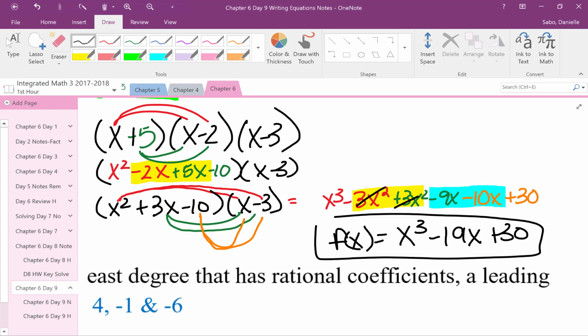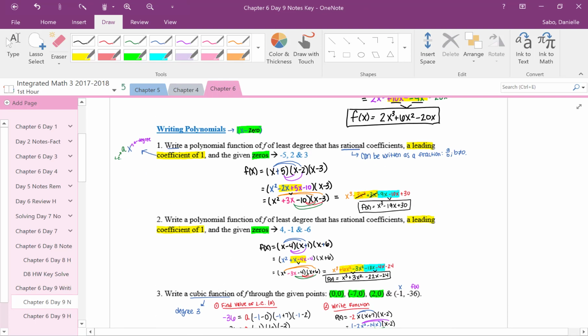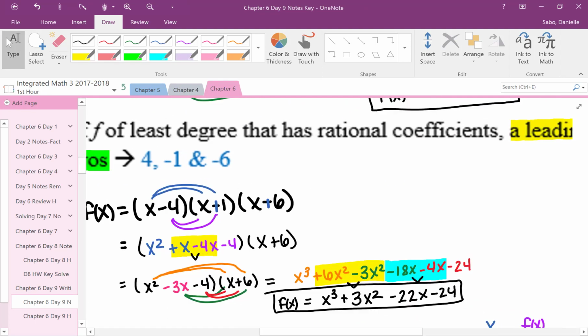Rock stars. You guys are doing very well with this already. I like the boxes. That keeps you so organized. Oh, you guys are flying through. 3 and 4 are a little different. I'm going to zoom into mine, slowly check your answers.